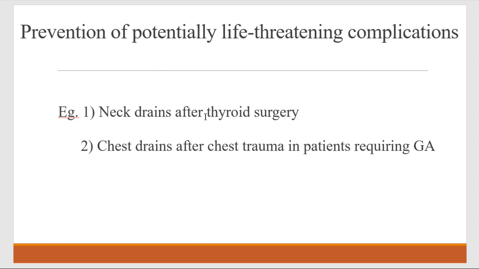For example, in thyroid surgery, in the post-operative period, neck drains are usually placed to take control over bleeding, and it can save the patient's life. And in patients of chest trauma, if that patient requires general anesthesia, as a precaution we can put a chest drain there, intercostal drains, right?